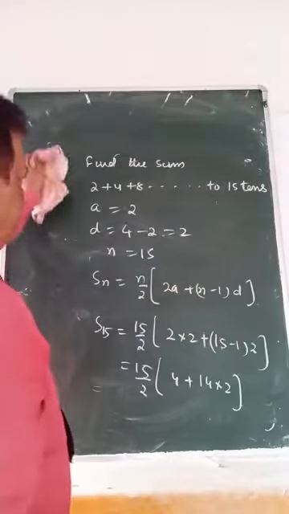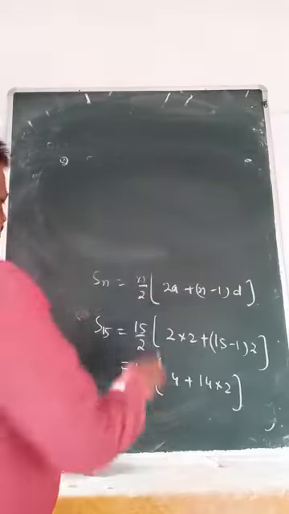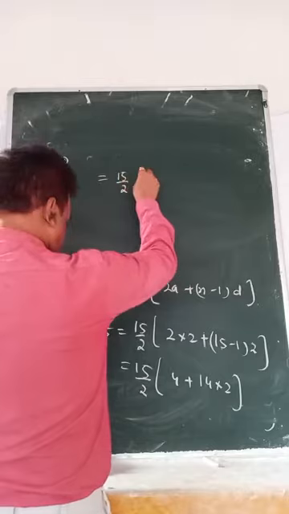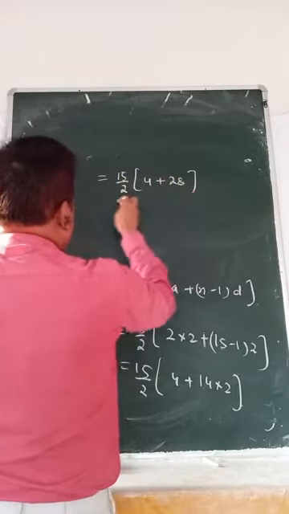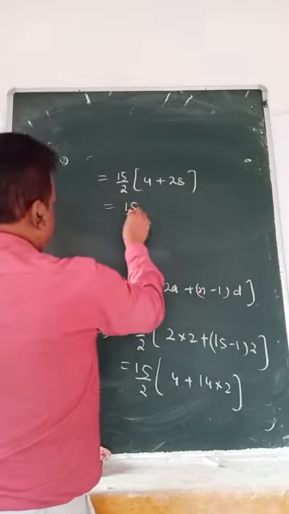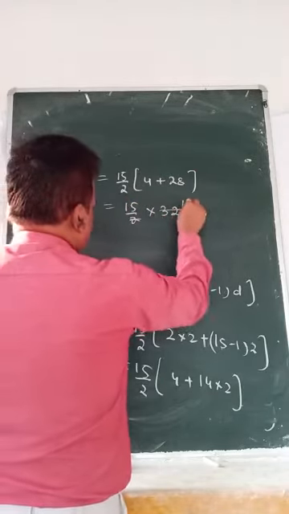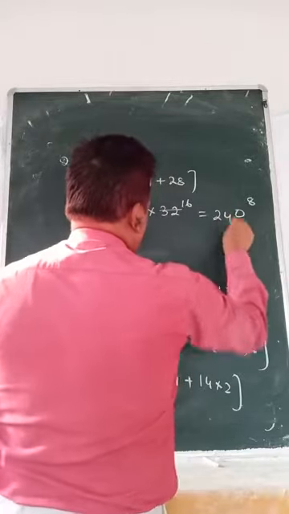So how much? That is 15 by 2, 4 plus 28. 15 by 2 into 32, 16, which gives 240.